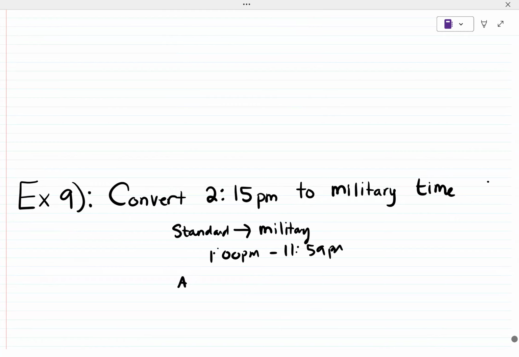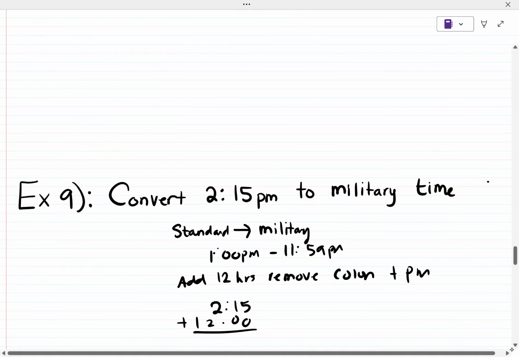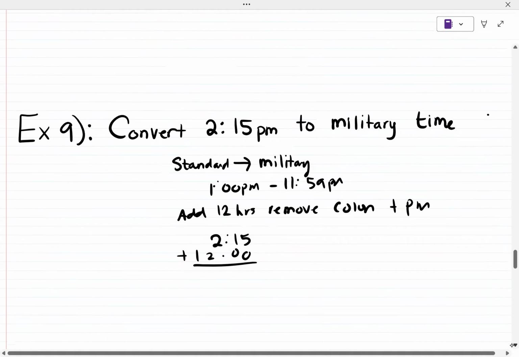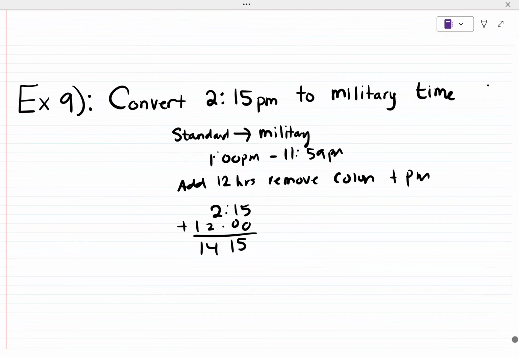So what you have to do is add 12 hours, remove the colon, plus the PM. So go ahead and do that. So 215, add 12, so 1200, you get 1415. And then what do we do? Remove the colon and the PM. So your final answer in military time would be 1415.